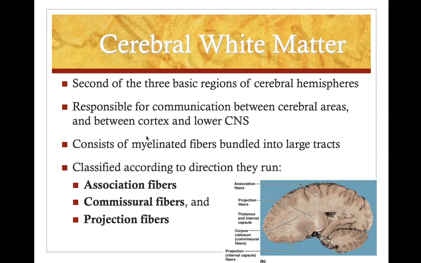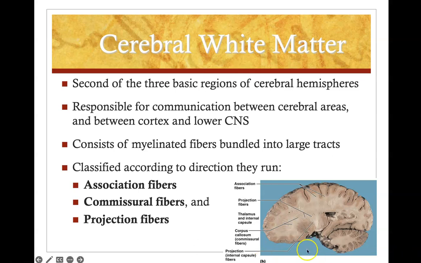And it's going to be responsible for communication between different cerebral areas and between the cerebral cortex and some of those lower central nervous system areas like the diencephalon and the midbrain and so on. And so that cerebral white matter is going to contain a lot of these tracts of axons.